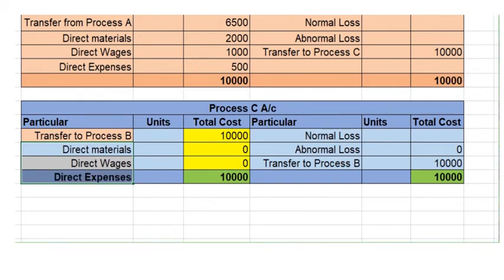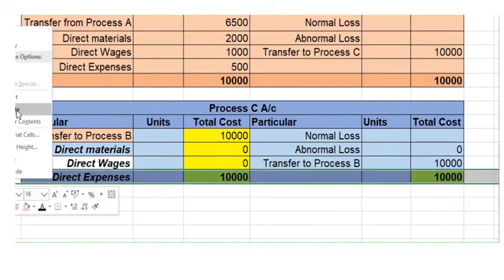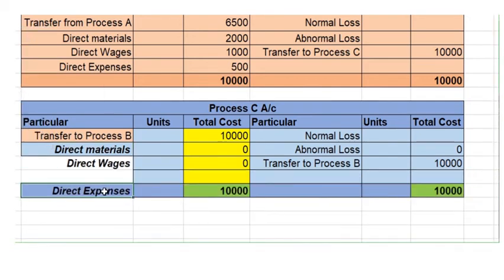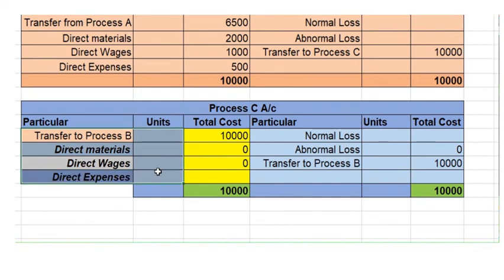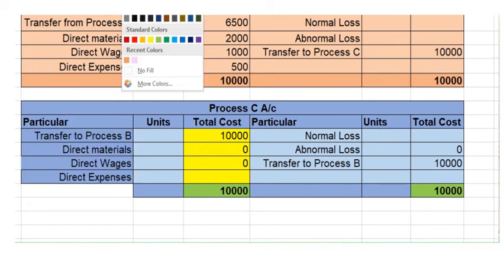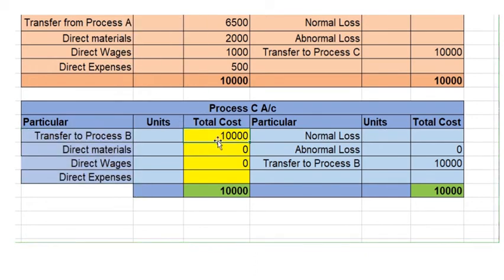We insert the values. We have 10,000 from there.